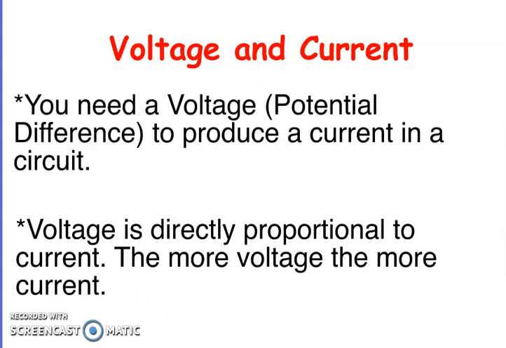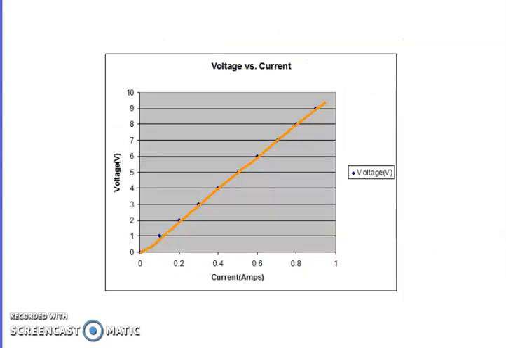Now, through experimentation, we found that voltage is directly proportional to current. Remember that direct proportion means that as one value increases, the other also increases. So as you have more voltage, you will get a larger current. When we plot this direct relationship, we see that voltage versus current gives us a linear graph with a constant slope.